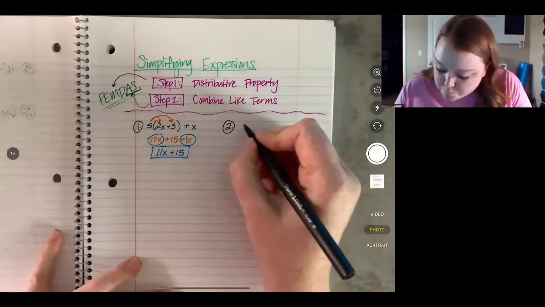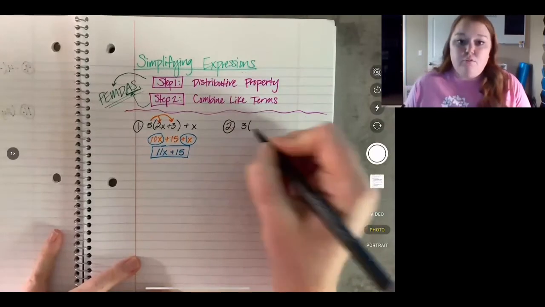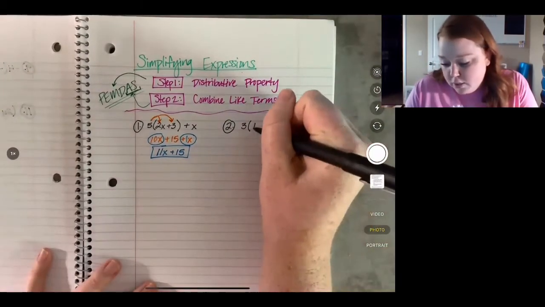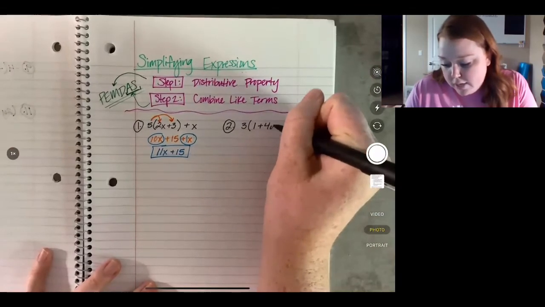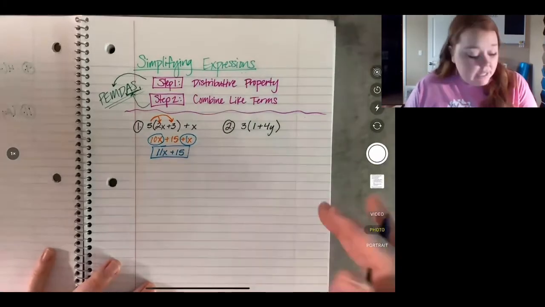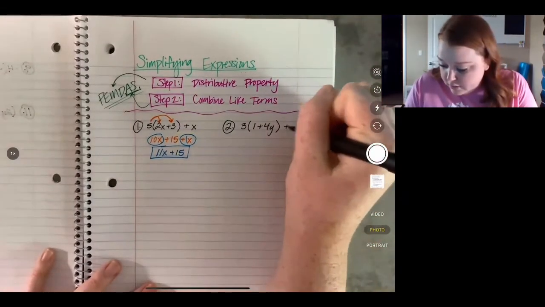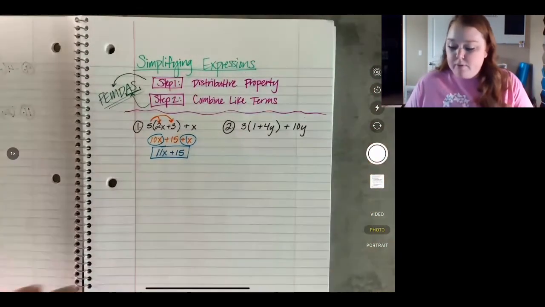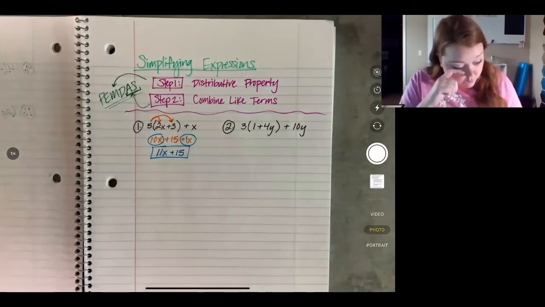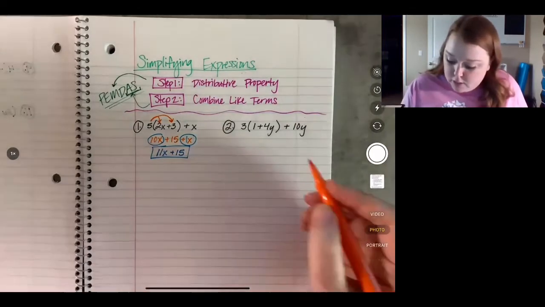Here's number 2. You got a 3 right in front of a set of parentheses. On the inside, you have 1 plus 4y. Close the parentheses. And then outside of that, you're going to add 10y. Okay. All right.